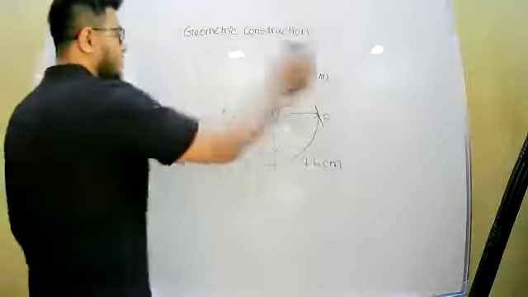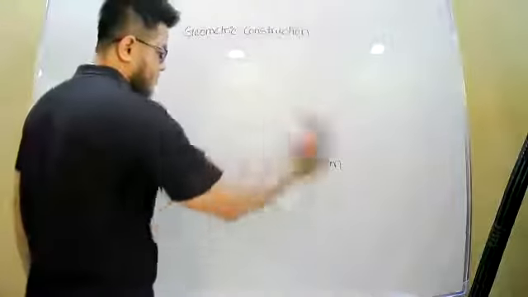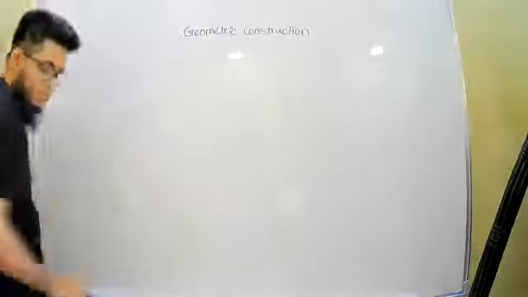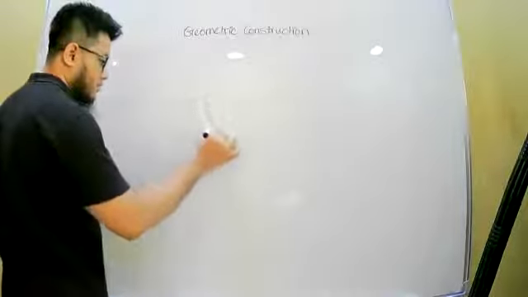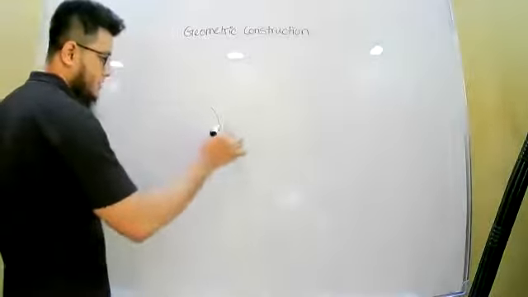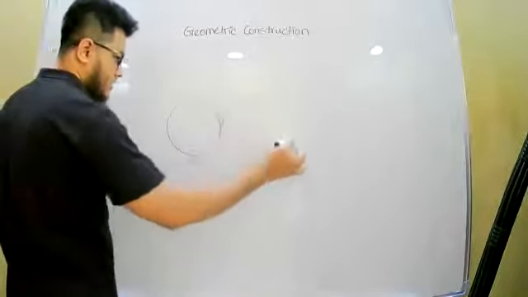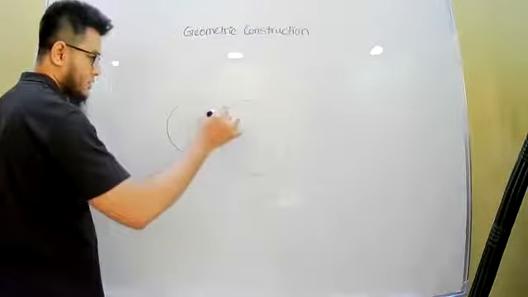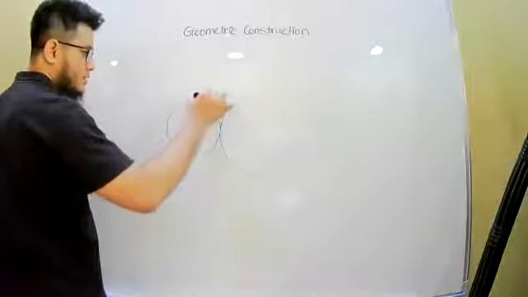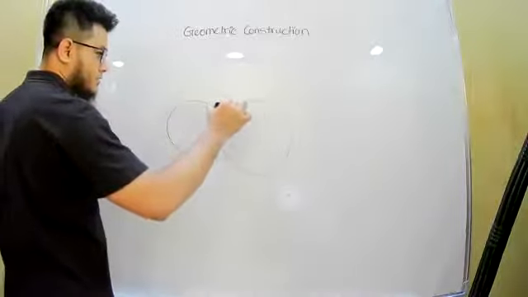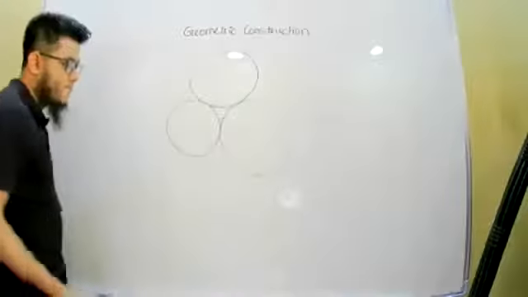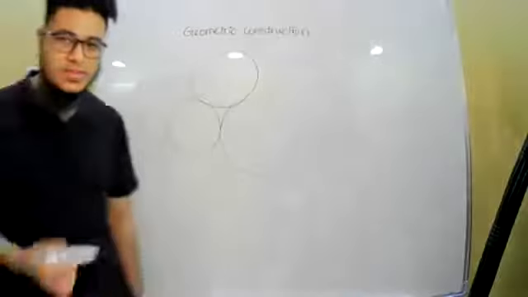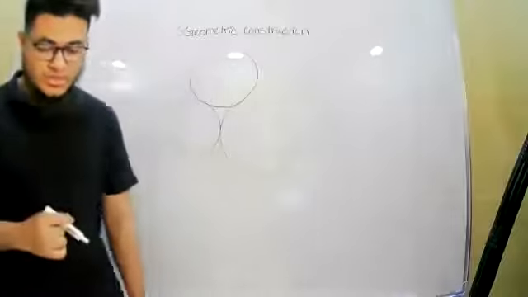How is this possible? That means one circle should be like this, another circle should be like this, and other circle will be like this. In this way, all three circles can touch each other externally.